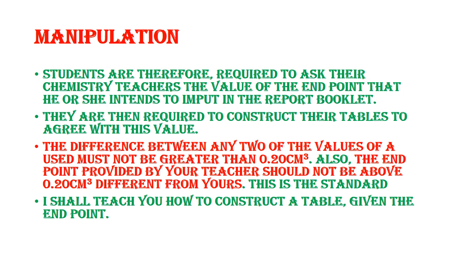They should either be the same, or if you calculate the difference between the endpoint provided by your teacher and your own, it should not be more than 0.20 cm³. But to be on the safe side, I advise it should be the same. There's no penalty whatsoever for that. This is the WAEC standard. I shall teach you how to construct the table given the endpoint.